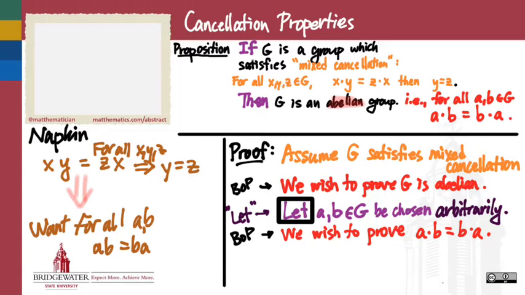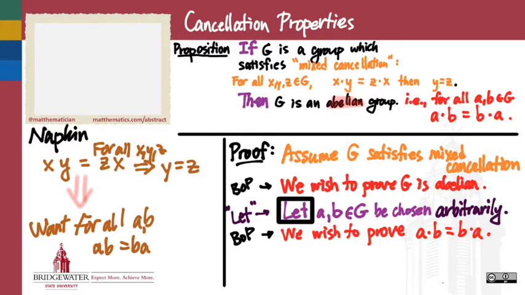But the content of this proposition is that not every group satisfies mixed cancellation, but in fact, every group which does satisfy mixed cancellation is an abelian group. In other words, all the operation is commutative. Okay? That there's no way to have a group that's not completely commutative that satisfies mixed cancellation.